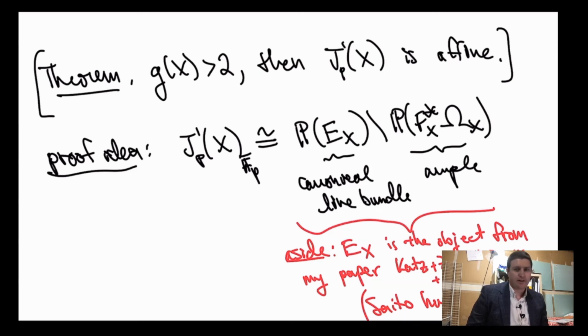There's a formulation of a Gauss-Manin connection in this arithmetic context, but that's an aside. Anyway, this ingredient appears in this proof, and it helps you prove that the jet space is affine.